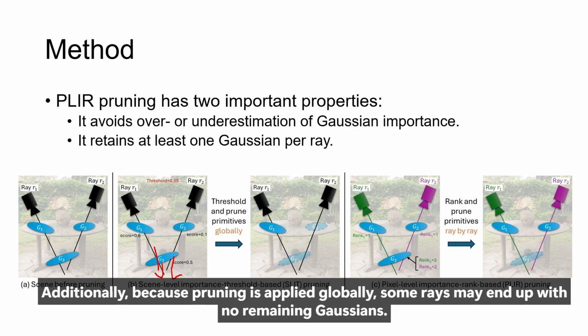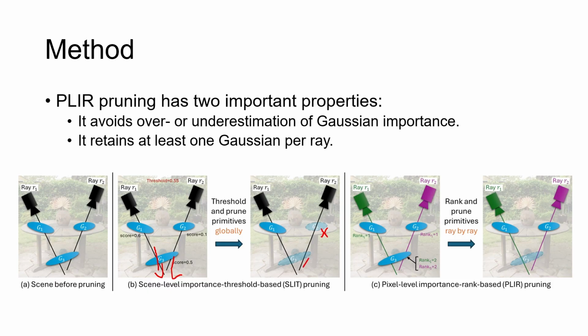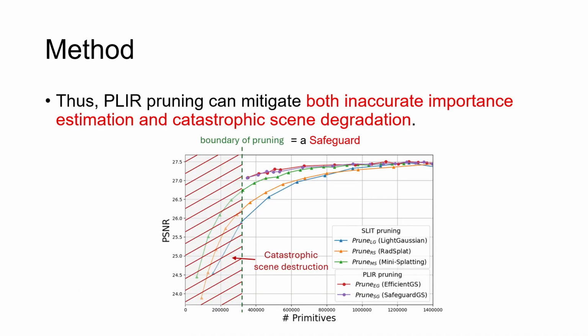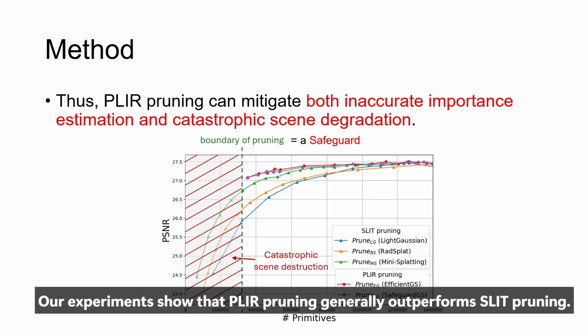Additionally, because pruning is applied globally, some rays may end up with no remaining Gaussians. In contrast, BLUR pruning mitigates these issues by operating on a per-ray basis. Our experiments show that BLUR pruning generally outperforms SLIT pruning.